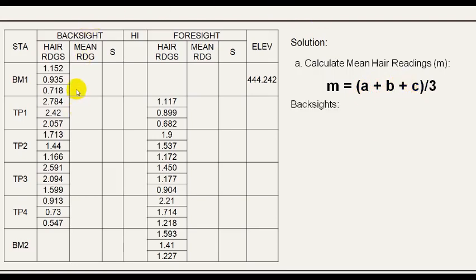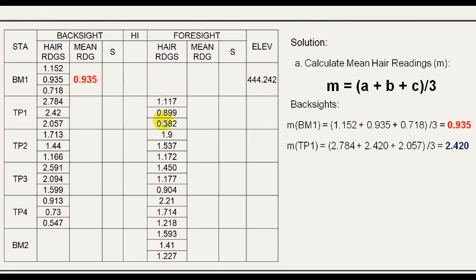First, we compute this for the backsight. For BM1: 1.152 plus 0.935 plus 0.718 is equal to 0.935. Next, for turning point 1: 2.784 plus 2.420 plus 2.057, and the average of the three hair readings is equal to 2.420.